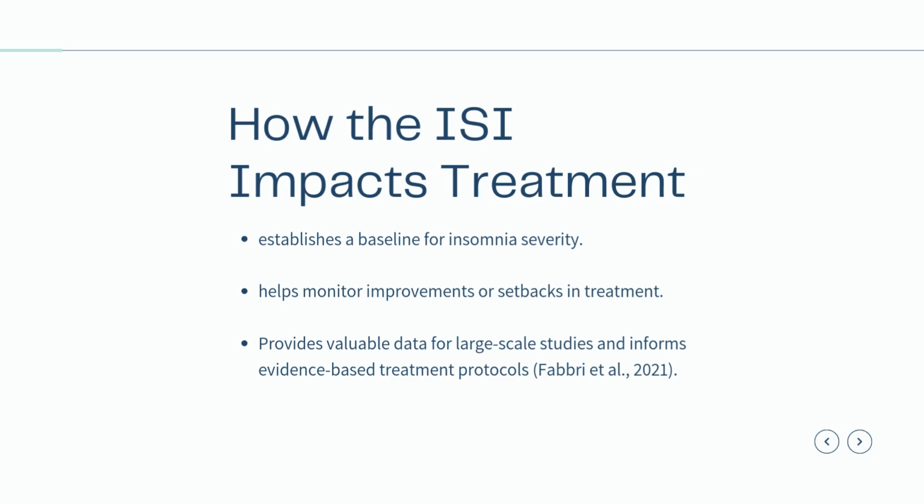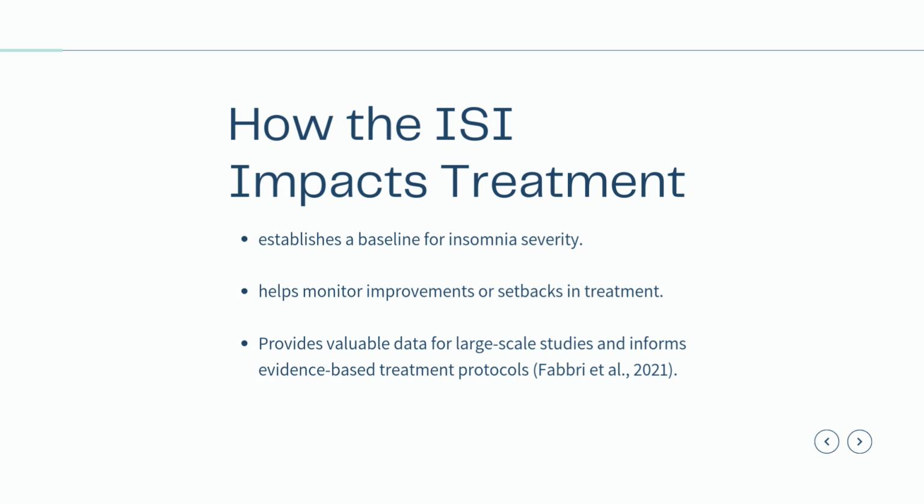So, the Insomnia Severity Index, or ISI, has a significant impact on both clinical treatment and research. Clinicians can use the ISI to establish a baseline measure for insomnia severity when a patient first seeks treatment. This allows them to personalize treatment and to track progress over time.